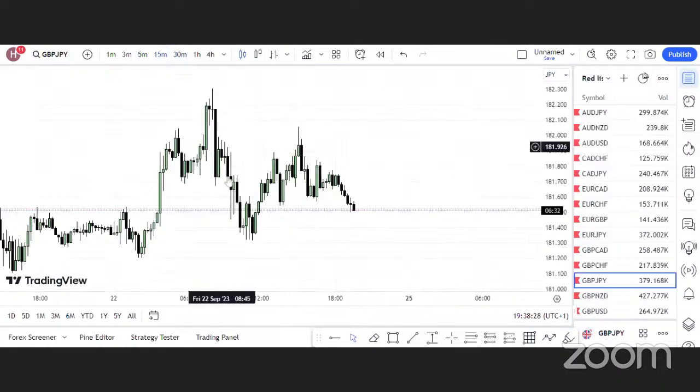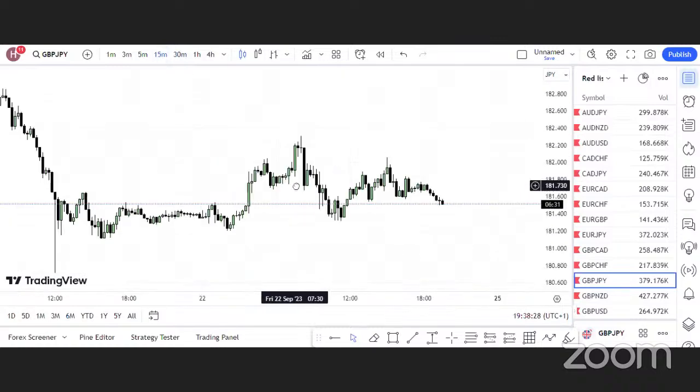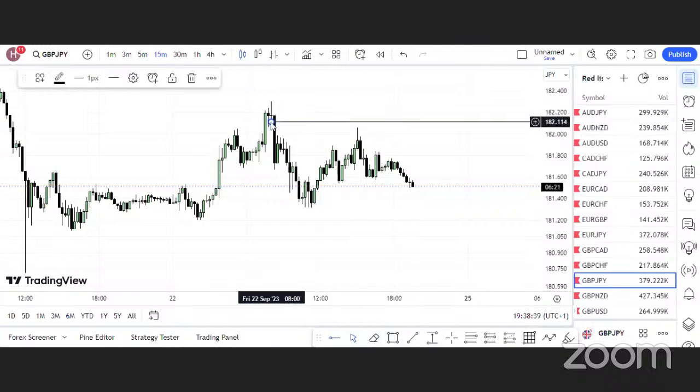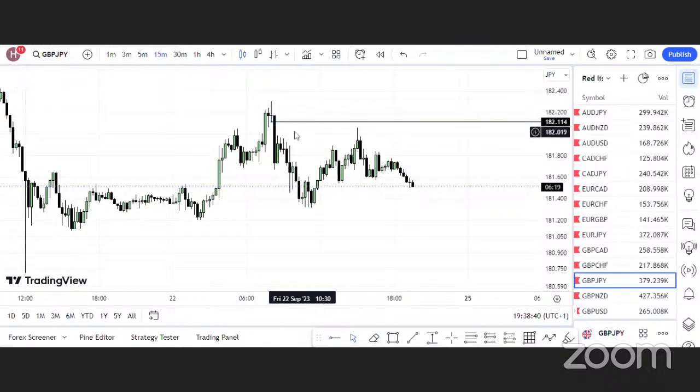Whenever I want to set my take profit or my stop loss, let me use this market as an example.